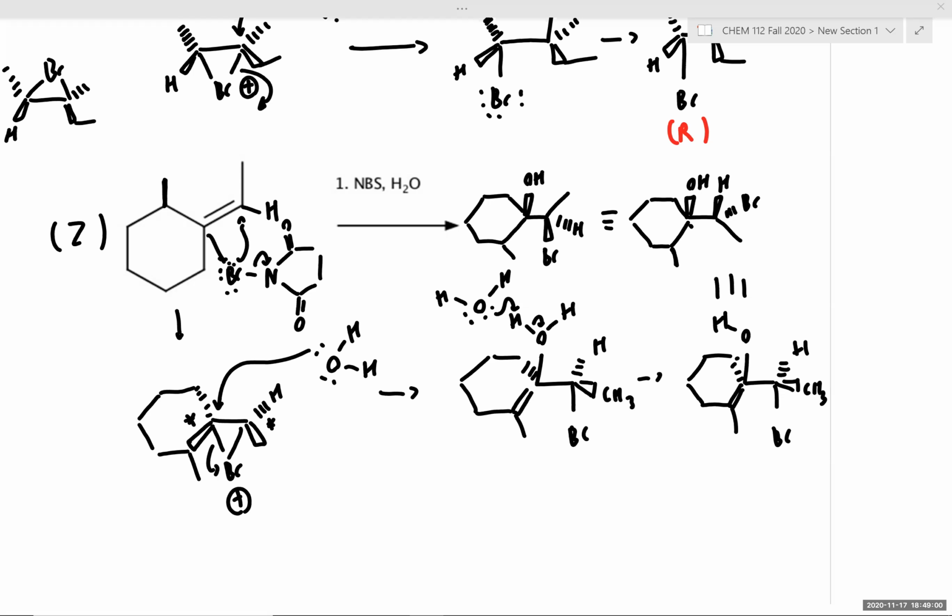Any questions on this? And of course, we also get the enantiomer, which, just shown for a complete depiction, would have the bromine on the top face.